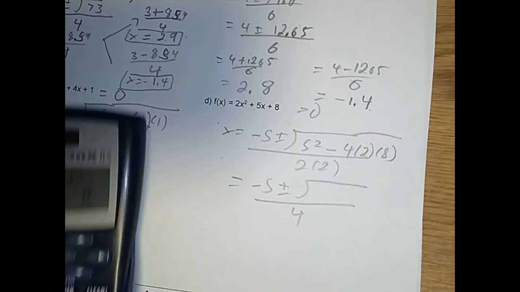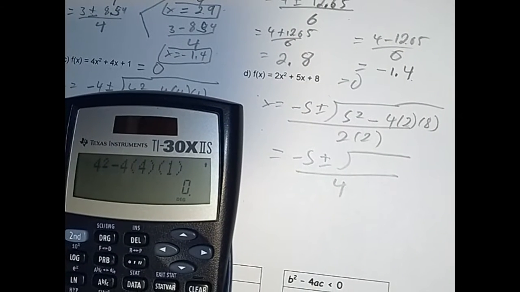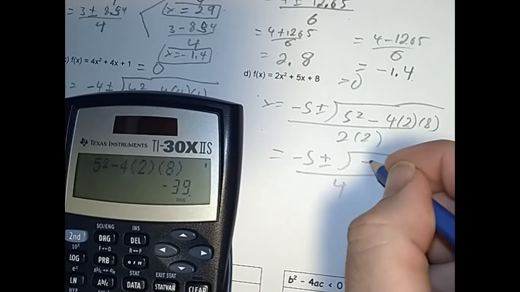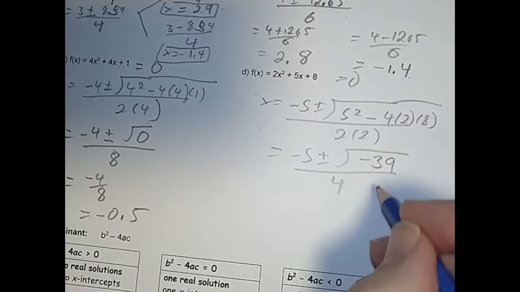So we go to our calculator, and you get 5 squared minus 4, 2, and 8. Negative 39. Well, guess what? We can't do it. There's no answer.